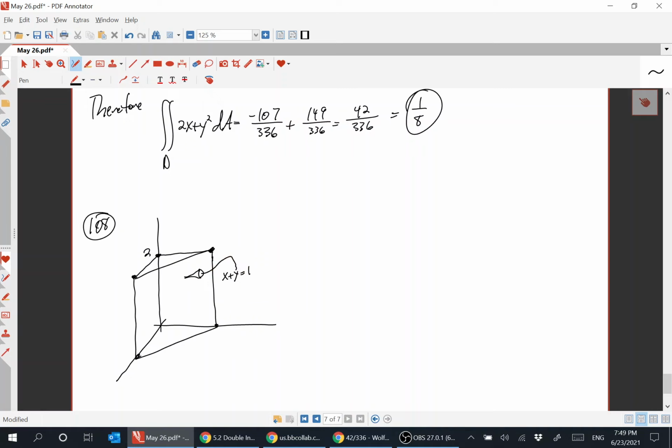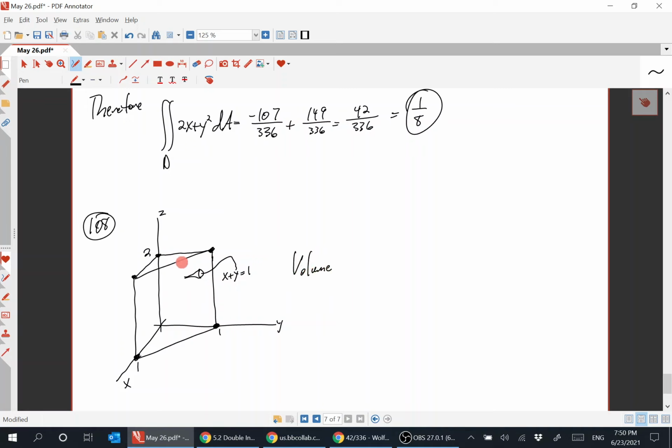All right, so, well, what is the volume of this thing? It's just this triangular prism. What's this point and this point here? It's just x plus y equals 1, so that's 1 on the x-axis, 1 on the y-axis.